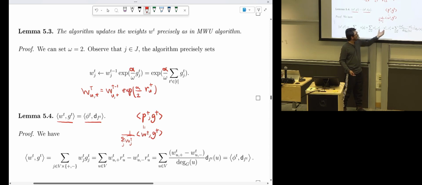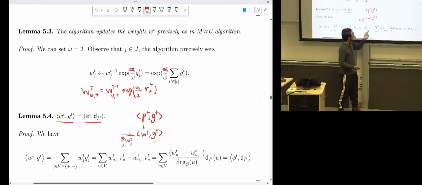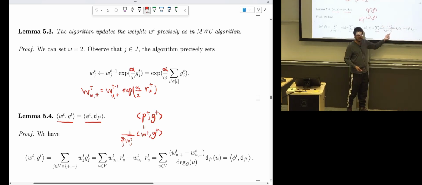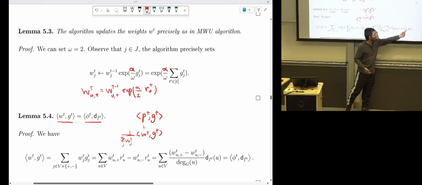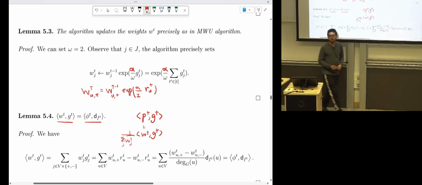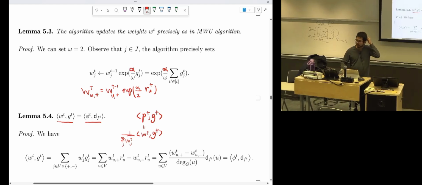Then I just rearrange. I move R out, and I get this. But R is the relative excess, which is excess over degree. And this thing is just the potential of U. So this is just the inner product between potential and the excess.